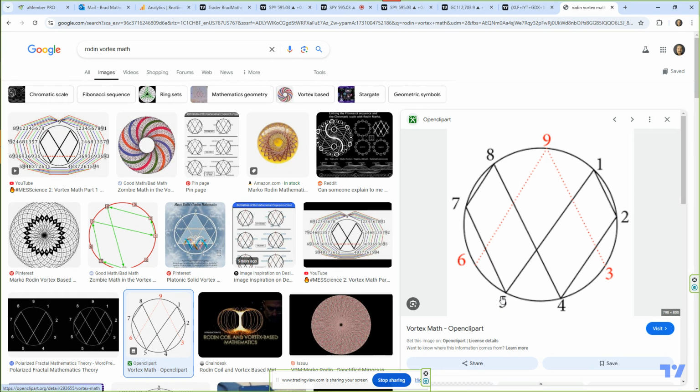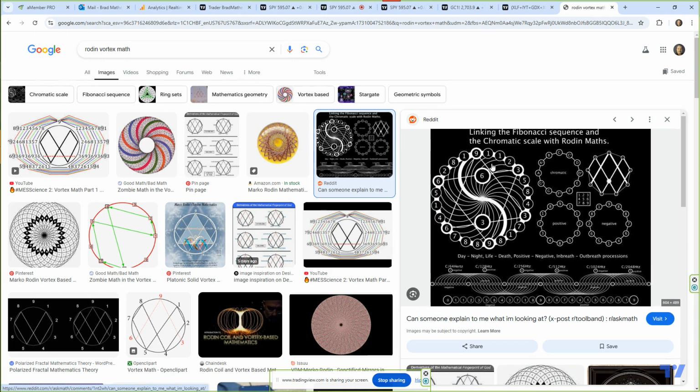But at the same point in time, we have this vertical polarity. We have a left and a right sphere. Okay. And that is the polarity that I'm talking about.